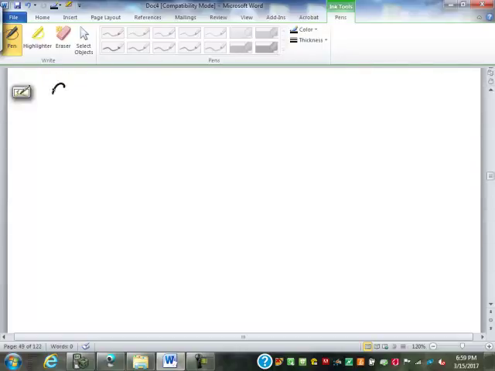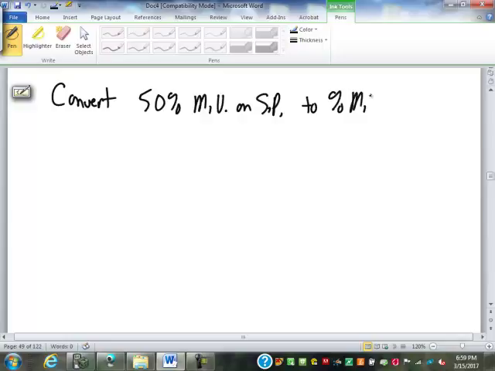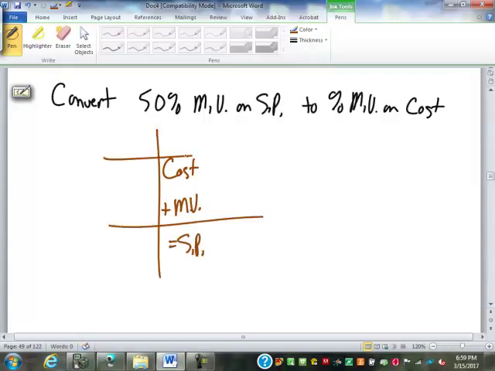So let's look at another example. Convert a 50% markup on selling price to a percent markup on cost. So again, the shell of our table looks exactly the same.